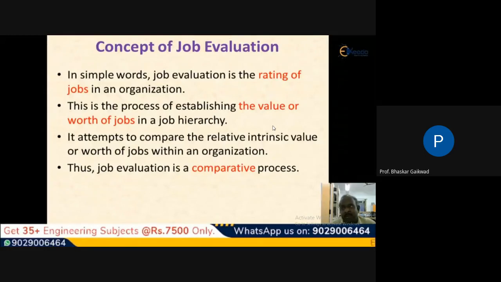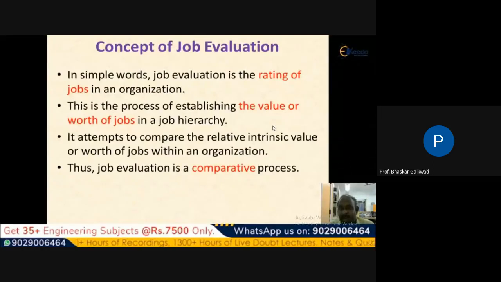Why is this done? Then only will I know whether this job is really required in this organization or not. To get a final product, suppose I have 10 jobs to be performed. Among these 10 jobs, which is the most critical job, which is more important, and which is least important?